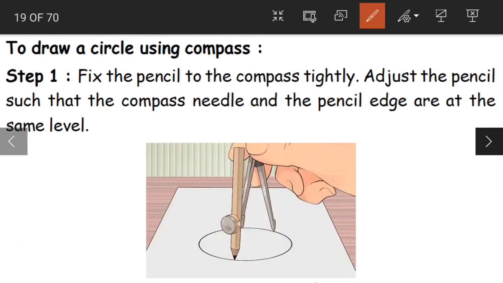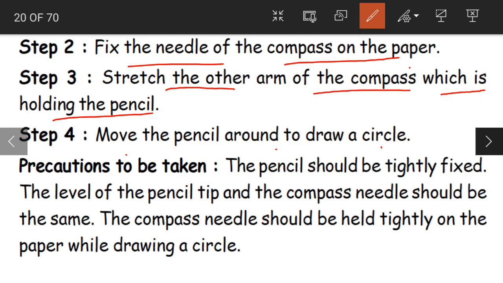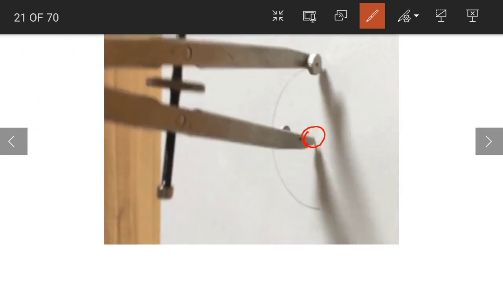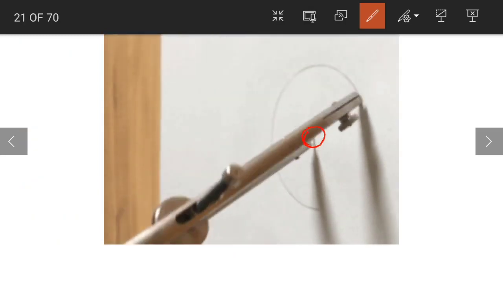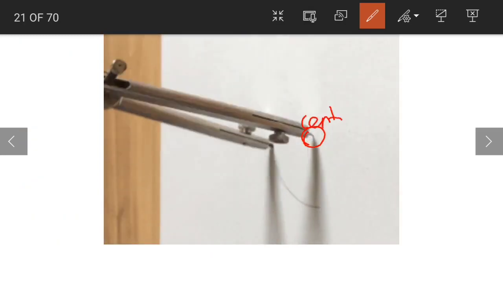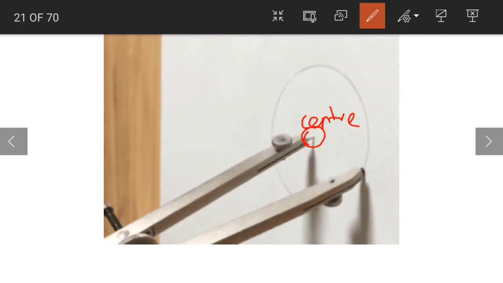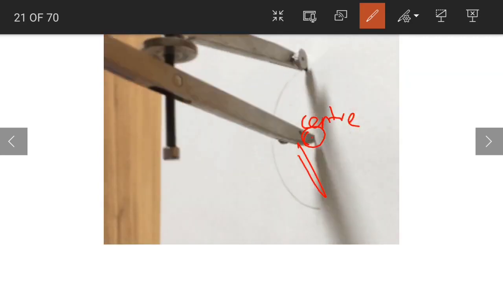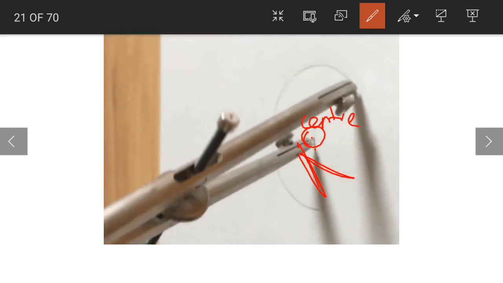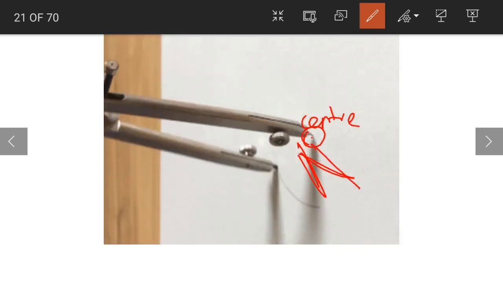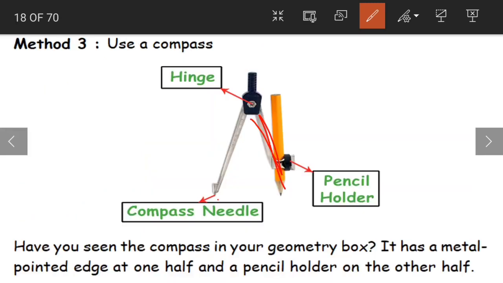Now in the same way, when you are drawing using the compass, the point where you have pinned the needle becomes the center. This becomes our center, and the distance between the pin and the pencil holder, this one, the distance between the needle and the pencil holder becomes the radius of the circle.